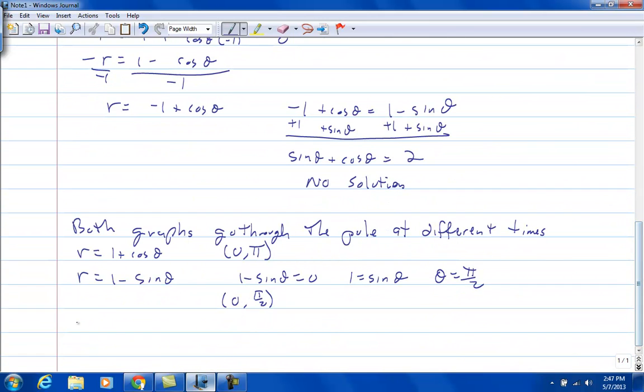So we have the other points. Theta is 3 pi over 4, and theta is going to be 7 pi over 4. And then we know that the point when it goes through there is at 0, 0, where r is 0, theta is 0. That's going through that location.